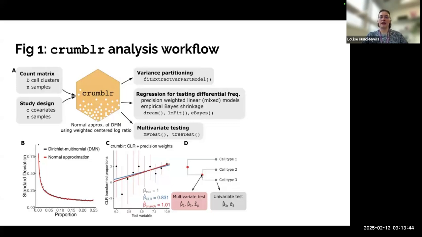For instance, you could test excitatory neuron 1, excitatory neuron 2, or excitatory neurons as a class. So they have that multivariate and univariate testing, which is cool. Also in this figure, they show how the Dirichlet multinomial helps us estimate the proportion versus standard deviation, and they demo the modeling of Crumblr versus the true and the CLR differences.